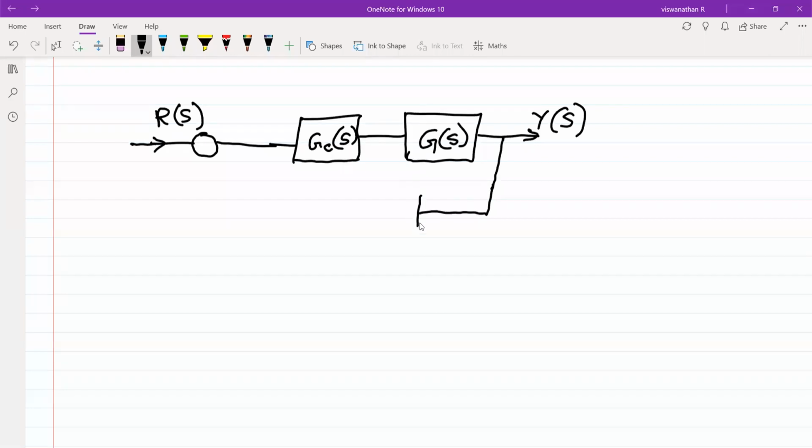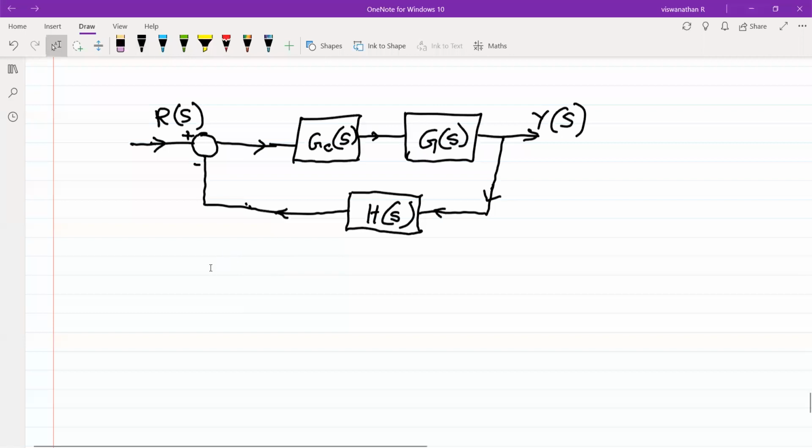This is the sensor, so its transfer function is H of S. Then you connect this to the comparator, and here it would be minus and here it would be plus. So this way it goes. This is how you represent a closed loop feedback system, negative feedback.